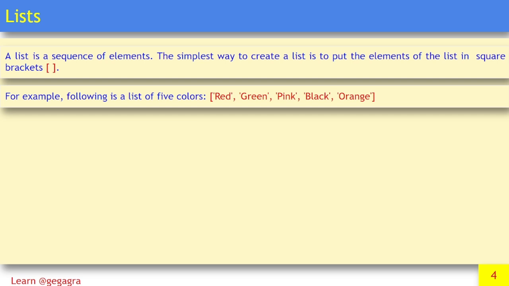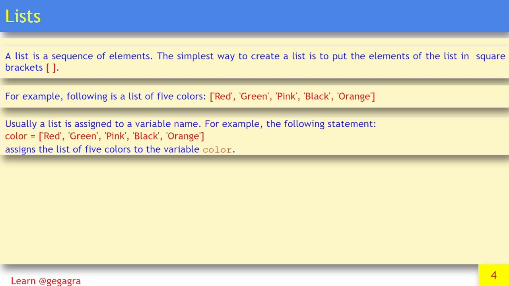Usually a list is assigned to a variable name. For example, in the statement color = [red, green, pink, black, orange], the name given to the list is color. This assigns the list of 5 colors to the variable color.